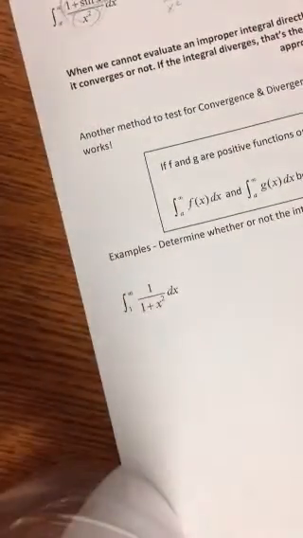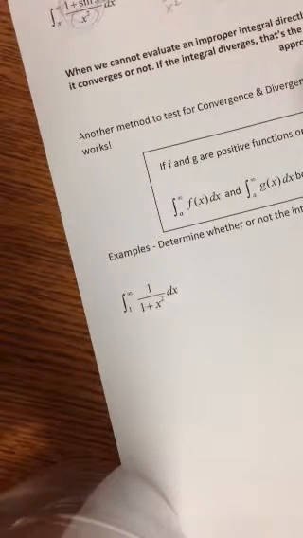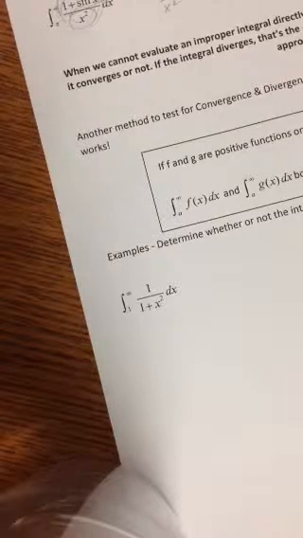On Tuesday, or I guess that was Wednesday, we spent a great deal of time developing and proving the direct comparison test. Today I'm just going to present to you the limit comparison test without any proof, and do a couple of examples for you.